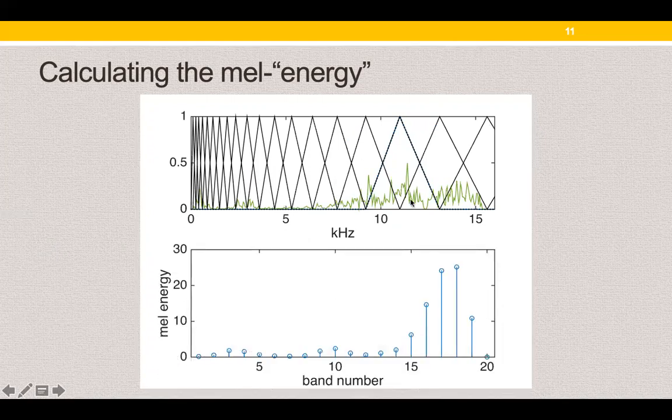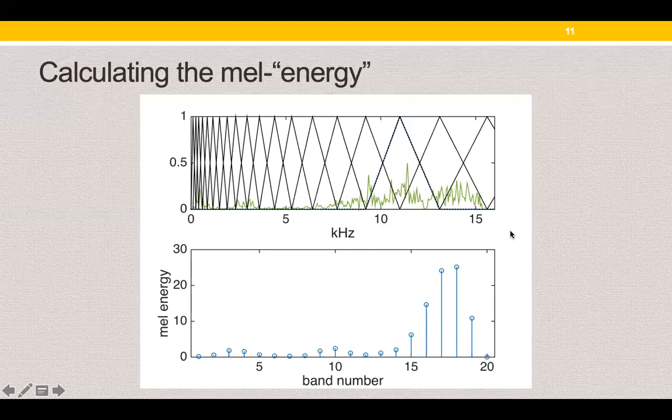For each filter, we perform a weighted sum of magnitude, weighted by the triangle. Another way to put it is you perform an inner product between the triangle vector and your magnitude spectrum. There are 20 of them, so that leads us to 20 different results.